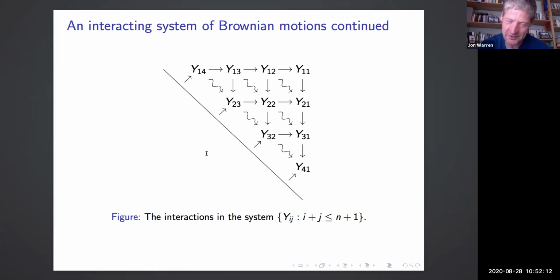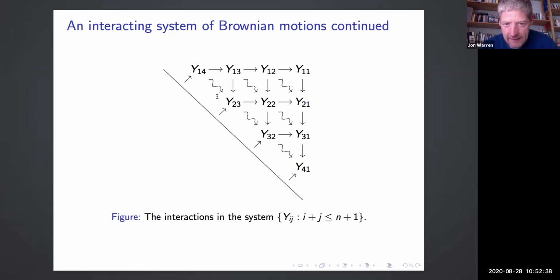What I want you to do is mentally imagine flipping the boxes so that they're all above the diagonal line, okay? But the exponentials aren't there. Instead, we've got these Y's sitting in integer lattice positions, and they're satisfying that system of SDEs that I had on the previous slide.